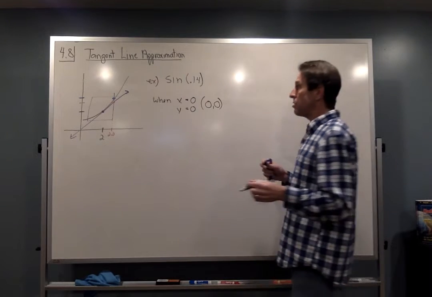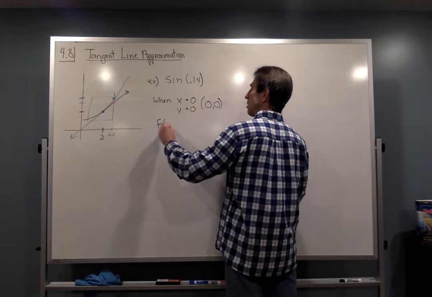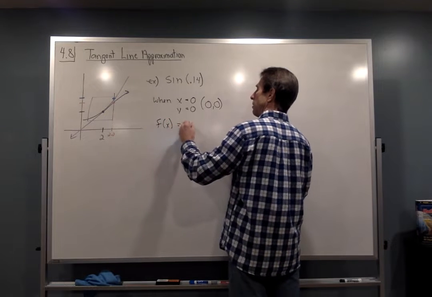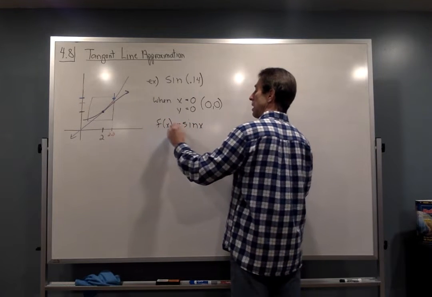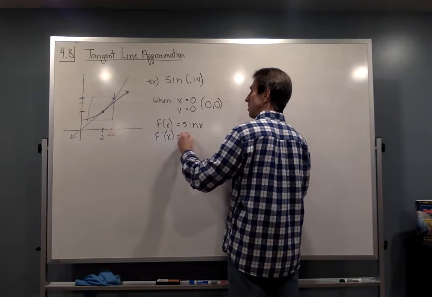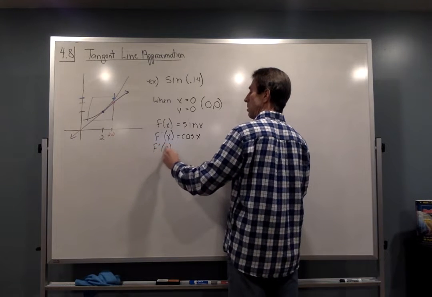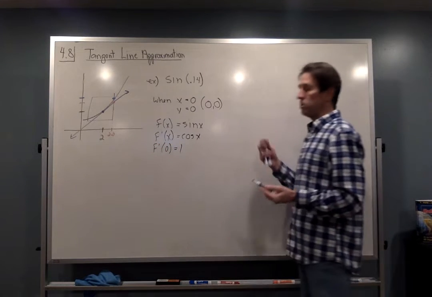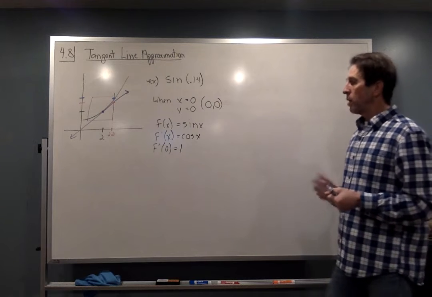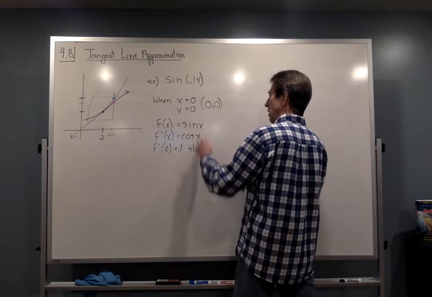In order to get the tangent line, the function is sine of x. So if I figure out the derivative of sine x, I know that's cosine x. And then the derivative at 0 happens to be 1, because that's the cosine of 0. So what I have is a slope, and I have a point.